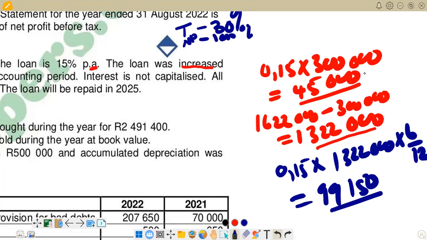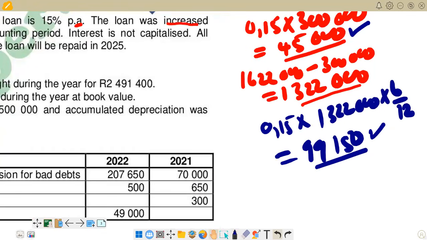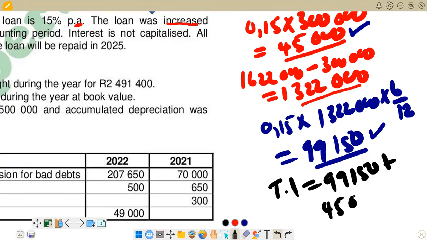So we have got interest of 45,000 and also interest of 99,150. To get the total interest now, we add the two. Total interest is equal to 99,150 plus 45,000, and we are supposed to get 144,150. So this is the answer that we have.